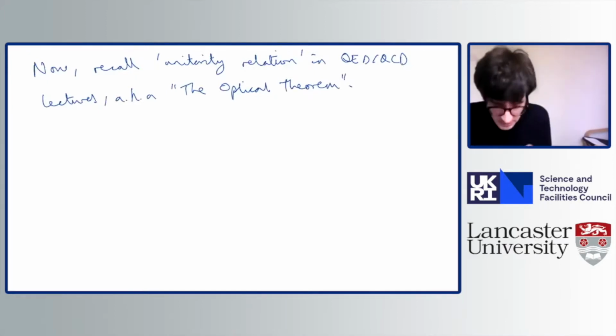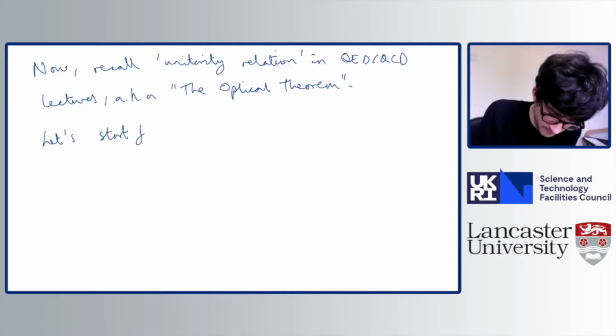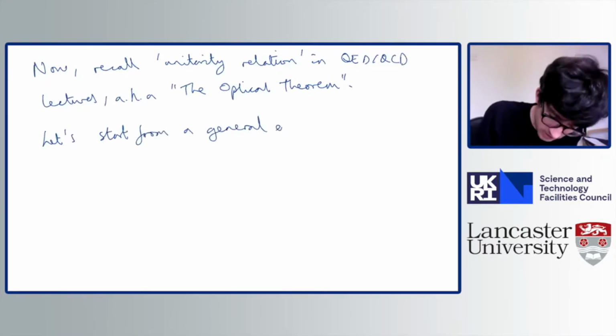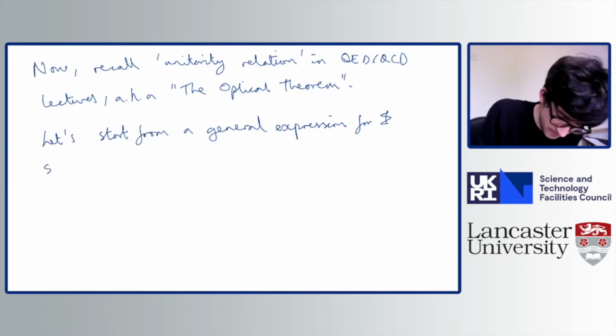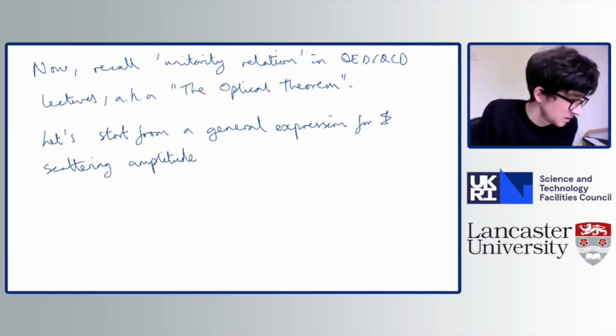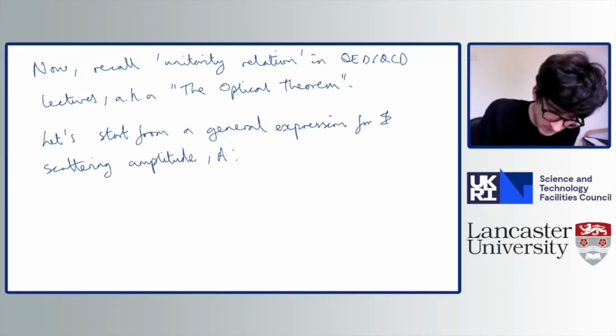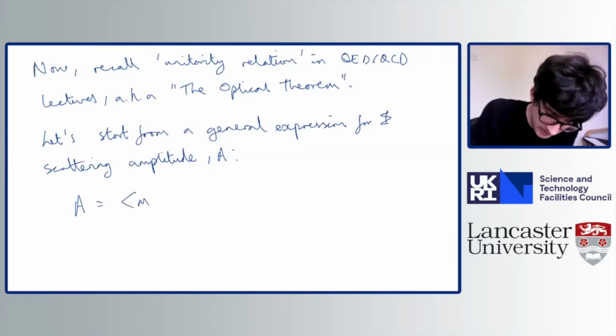I won't go through all of the details here, but let's start from a general expression for a scattering amplitude A, just written in quantum mechanics notation, if you like.